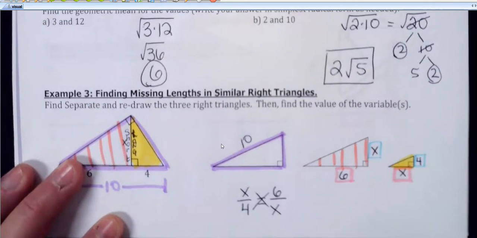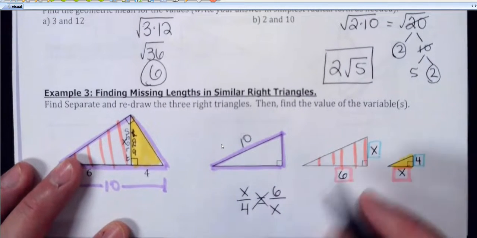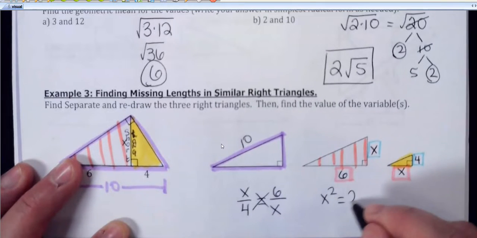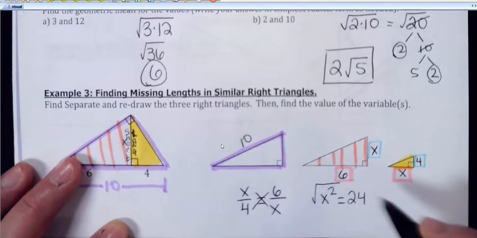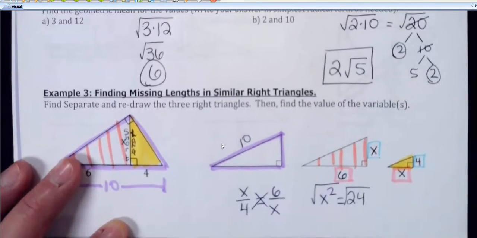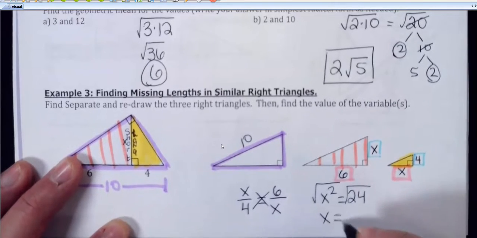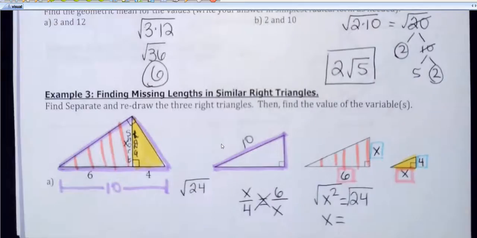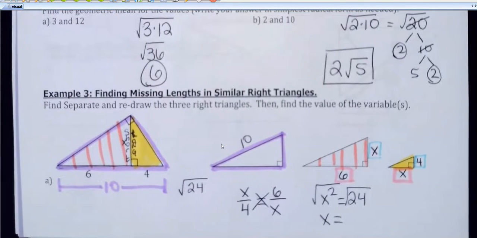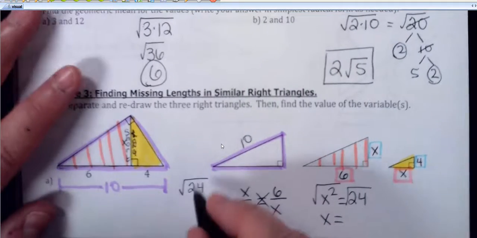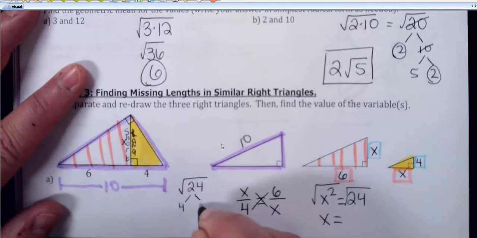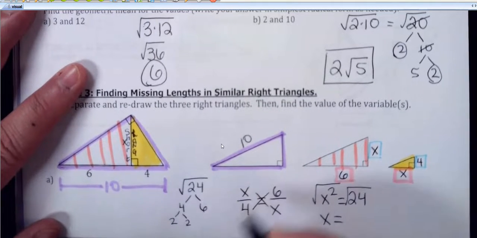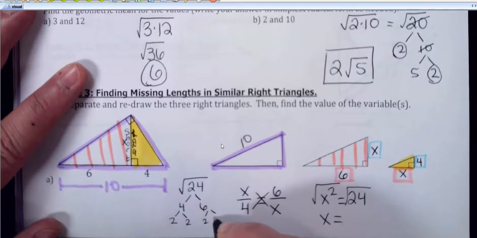Now, this is going to give us that geometric mean, because I'm going to do x times x to get x squared. 4 times 6 is 24, and then this results in us taking the square root. Now, I'm going to come over here so I have a little more space to make my tree. If I see 24, I immediately think 4 and 6. You can break it down in different ways, but I'm just thinking 4 and 6. 4 would break down to 2 and 2. 6 would break down to 2 and 3.